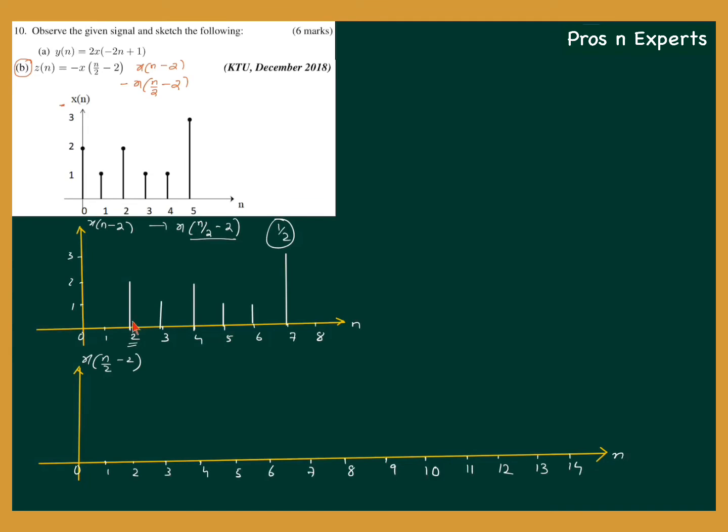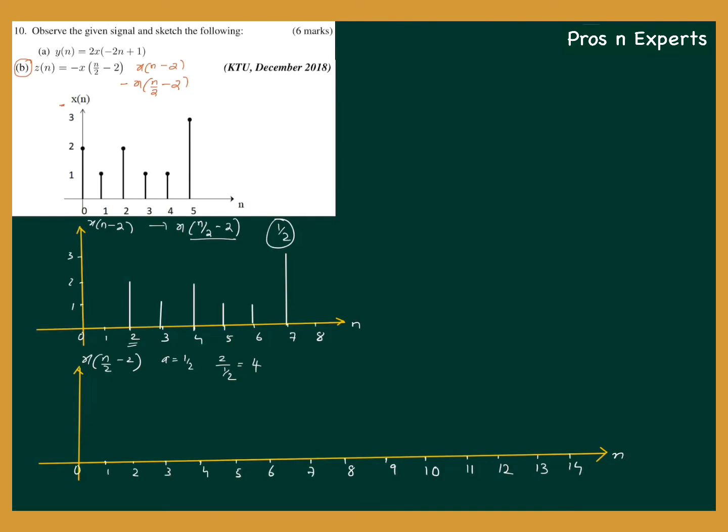Look at the first sample, it is at n equal to 2. So where should it come at x of n by 2 minus 2? You divide 2 with the scaling factor. The scaling factor a is 1 by 2. So if you divide 2 with 1 by 2, you will get 4. So this sample should come at 4 in the signal.